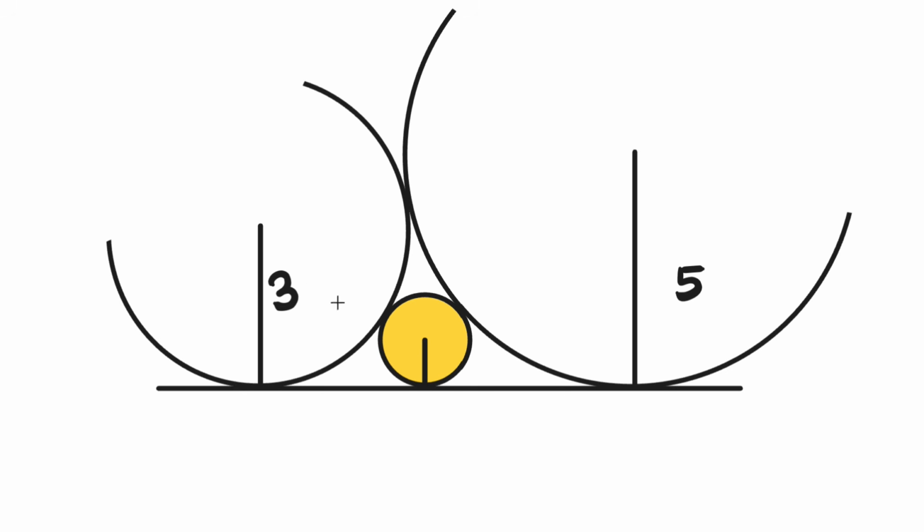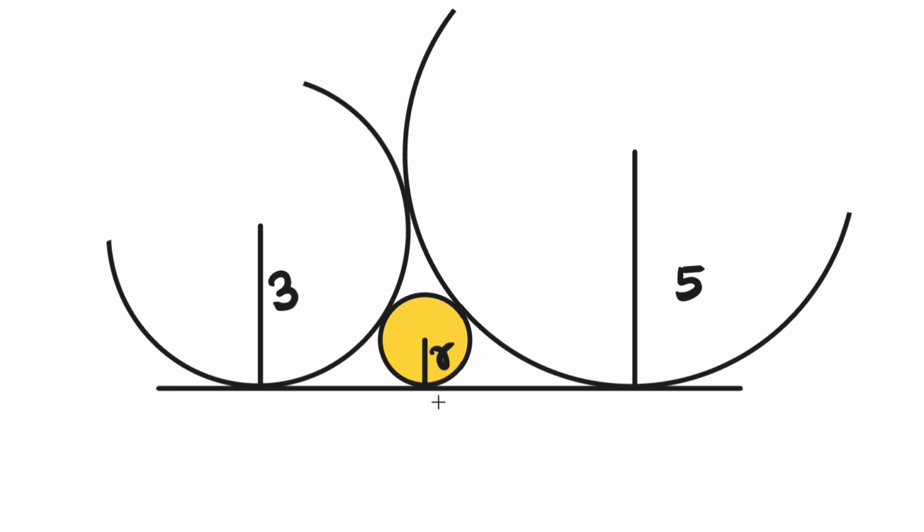The left circle has radius 3 units, the right circle has radius 5 units, and the smaller shaded circle has an unknown radius, which we will call r. The smaller circle touches both larger circles and also touches the horizontal line, and our job is to find r.